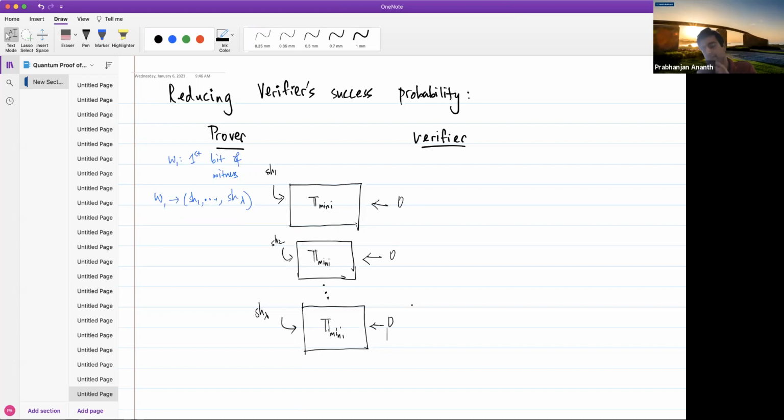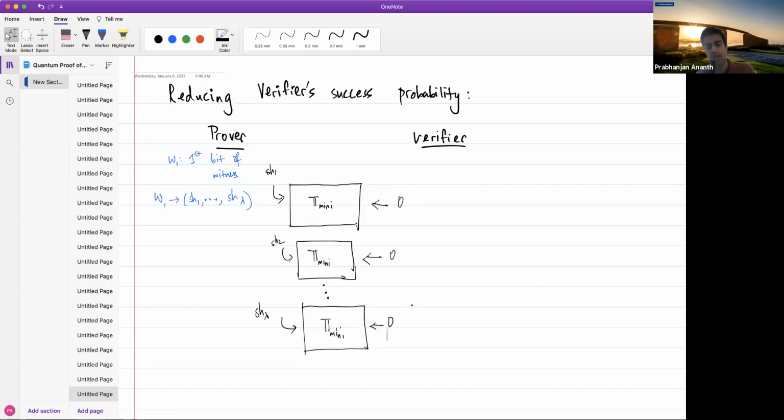Okay, this is the intuitive argument. The intuitive argument follows from the fact that the verifier does not know which of the two positions the prover put the share in. So in each execution, it's going to get the correct share with probability half.